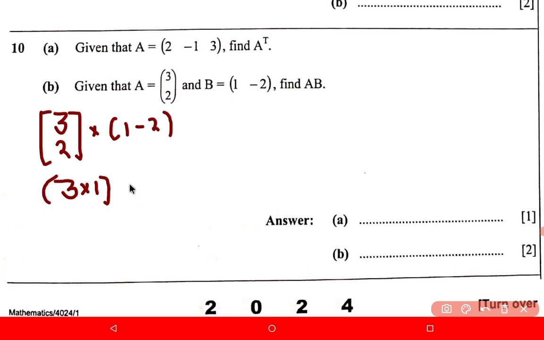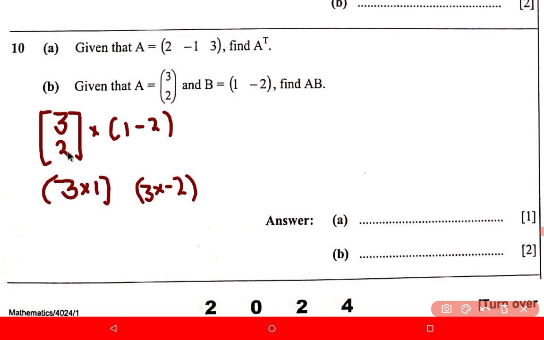Then for this one we're not going to add the plus here, because you're just going to the next, so you just say 3 by -2.